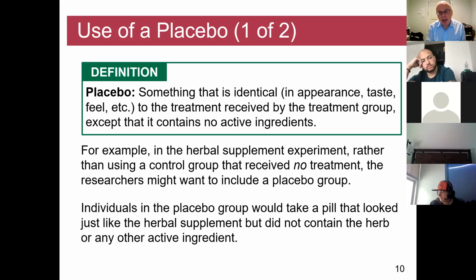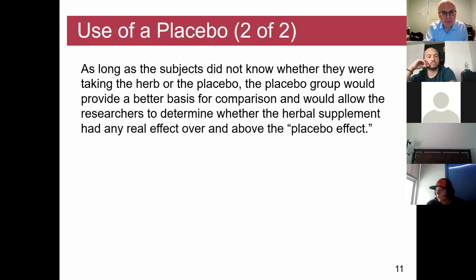So how do you get around the placebo effect? You randomly assign people to a treatment or placebo, and they're not aware whether they're getting the placebo or not. All right, so that means the placebo effect will be the same in both the treatment group and the placebo group. It will be the same if there's anybody who's having that effect on the responses.